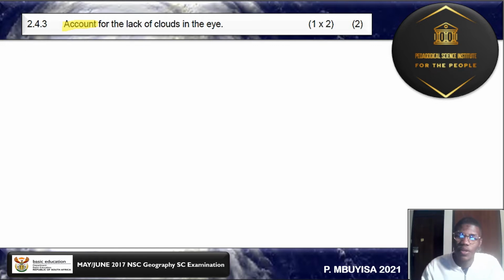We know that for the cyclone to form, we have first the convergence of warm air over the ocean surface, right? So after this air converges, remember it converges as a result of the Coriolis force. Coriolis force causes a deflection of winds. Remember that.